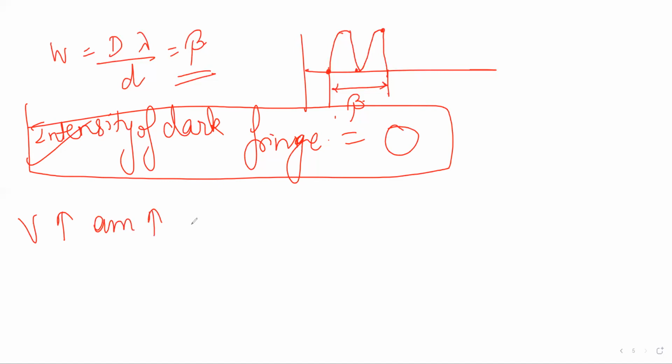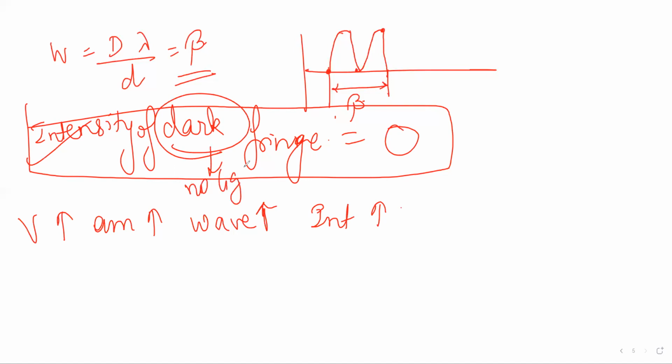If amplitude increases, its intensity automatically increases. So if we are talking about the dark fringe, it means there is no light. That is black in color, just like a shadow.